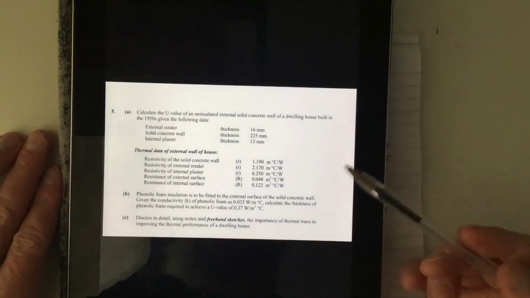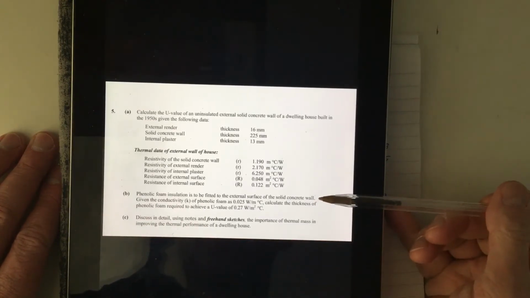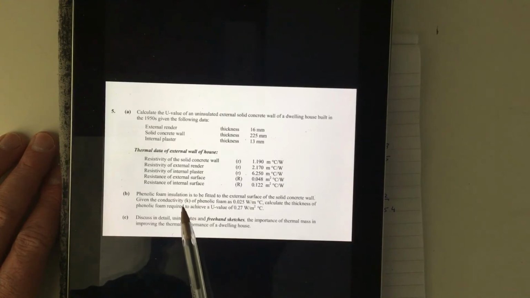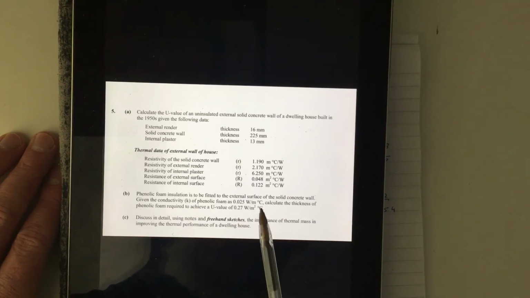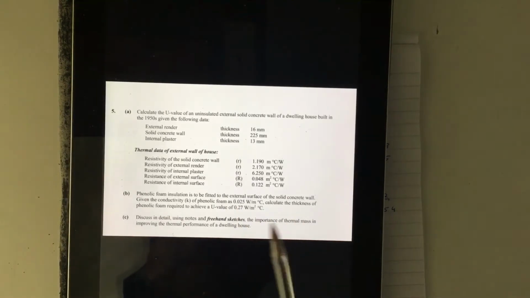Now, part B of this question. They are going to put on foam insulation fitted to the external surface of the solid concrete wall. Given the conductivity of the phenolic foam, 0.025 watts per meter degree Celsius, calculate the thickness of the foam required to achieve a U value of 0.27.